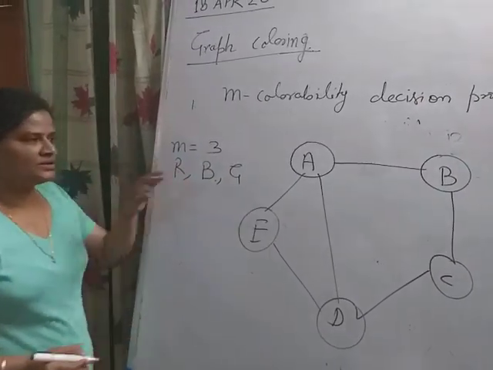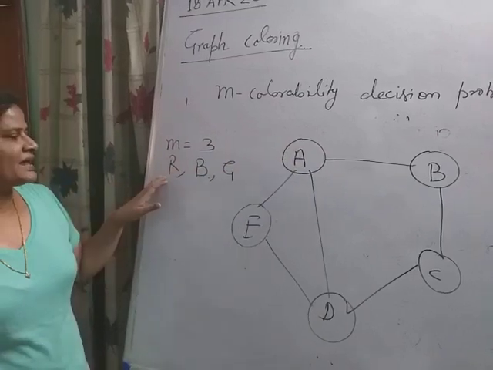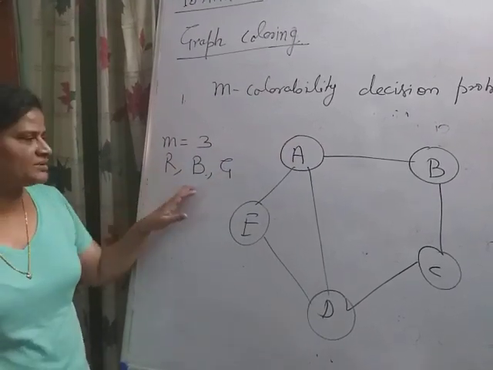Vertex A can be colored by any of the three colors.